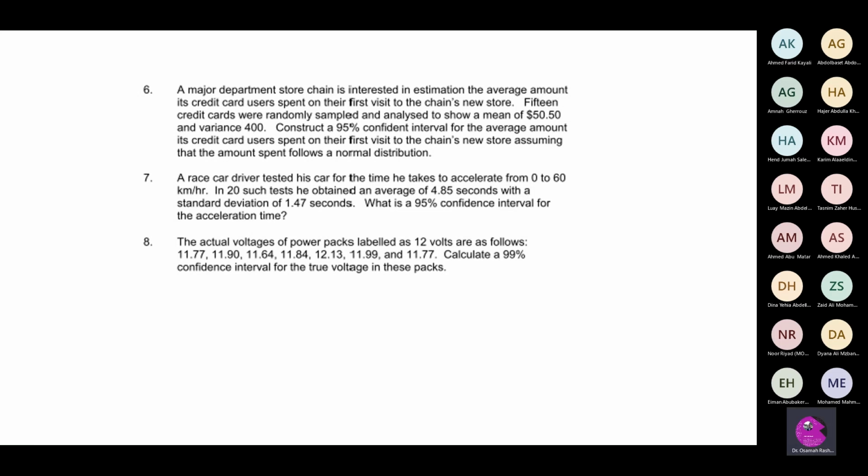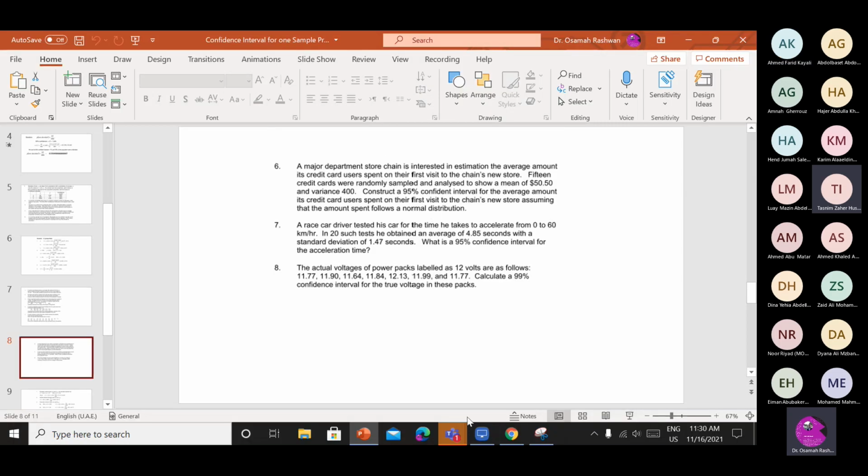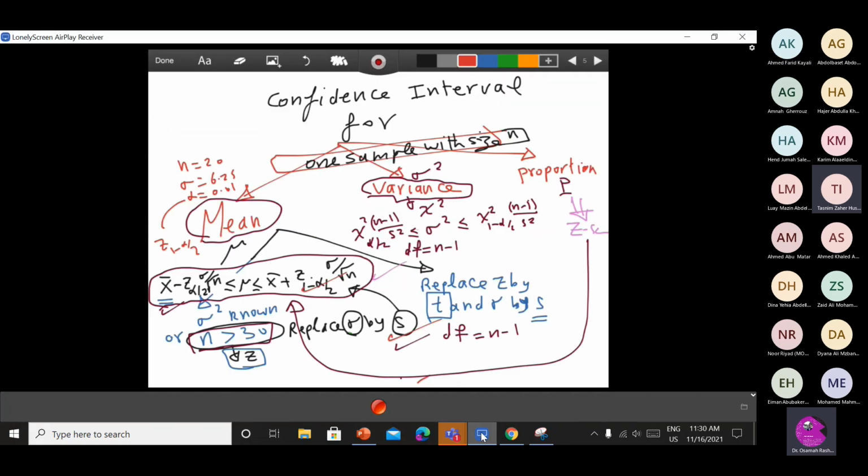Up to the answer, you will choose Z or T. Can you answer me, please? The variance 400 is for the sample or for the population? No, it's for the sample itself. Sample. Okay. So you have to go for the formula using the sample S, not the sigma, right? Okay. That's all.